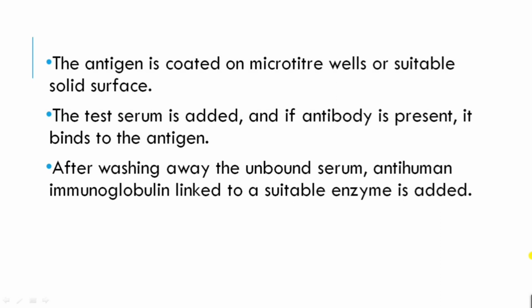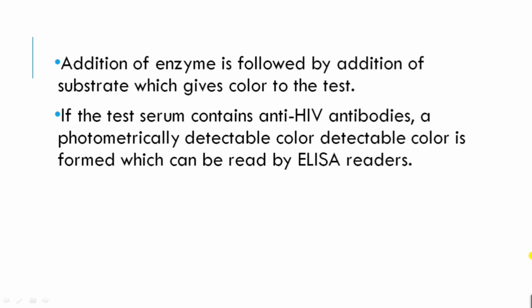After washing, anti-human immunoglobulin linked to a suitable enzyme is added to this antigen antibody complex. The addition of this enzyme will enhance the bond between antigen and antibody, which will be followed by the addition of a substrate. Substrate is a material which gives color to the test.